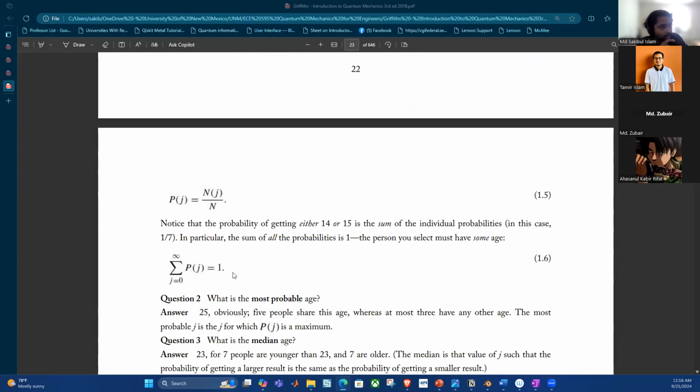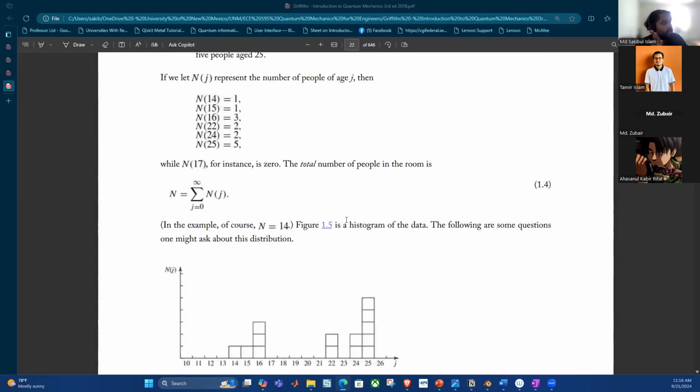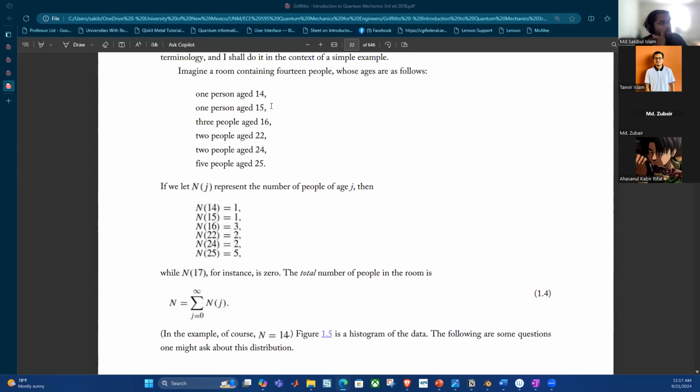Okay. Here is another question. If it asks you the probability of getting either 14 or 15, what could be the probability? Let's say you are randomly selecting a person from this group. This group has 14 people. What could be the probability that the person is either 14 or 15? In that case, the probability that the person's age is 14 is 1, because one person has age 14, divided by total people, that is 14, 1 by 14.